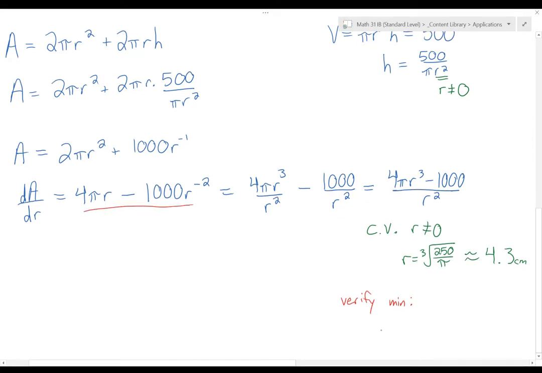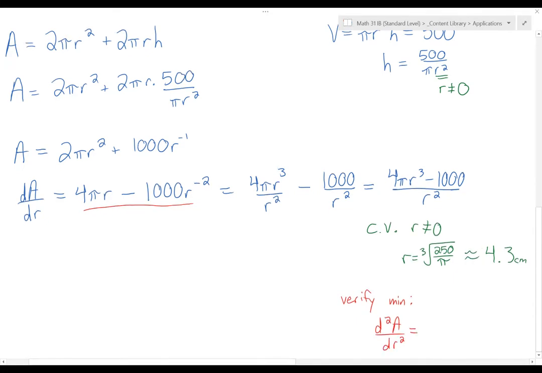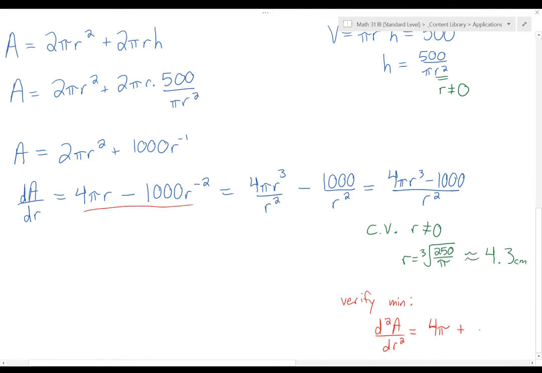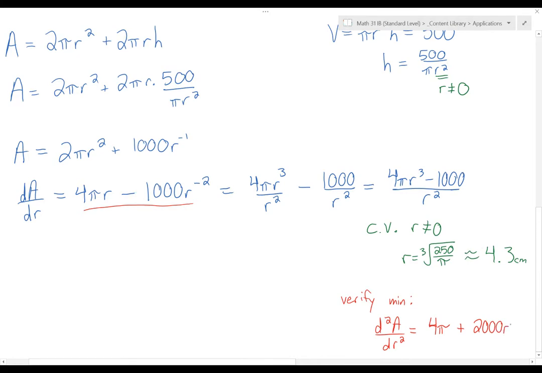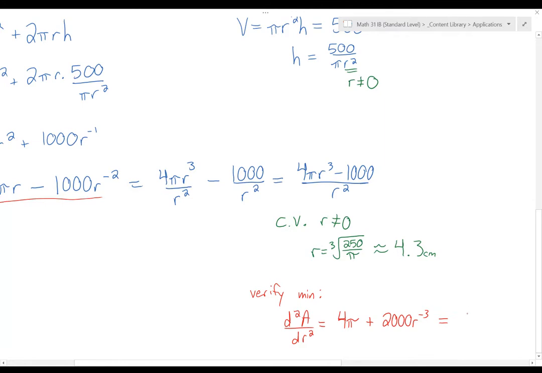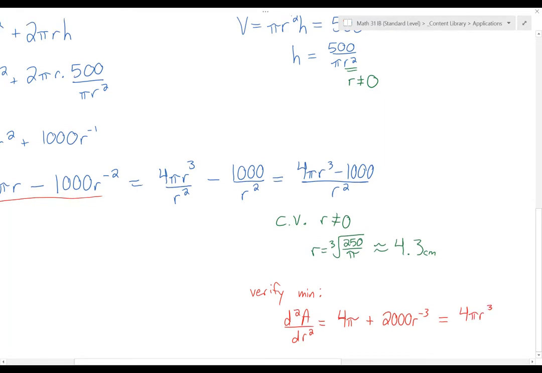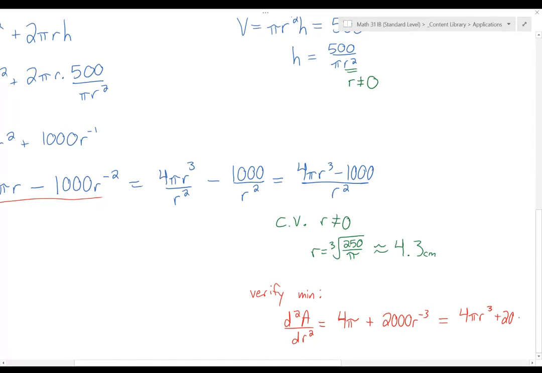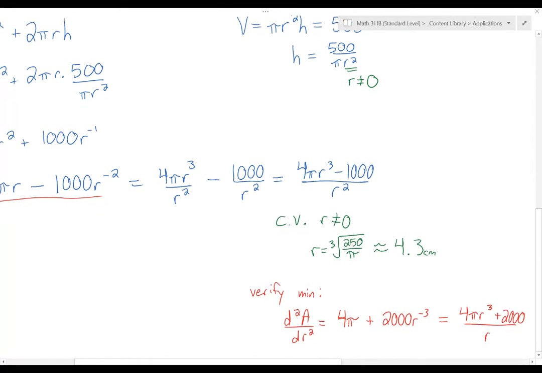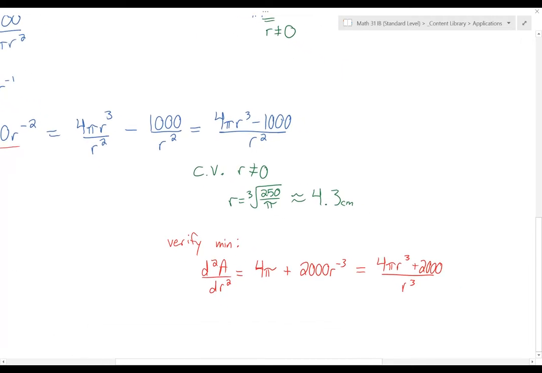Going back here, the second derivative of A with respect to r is equal to 4 pi plus 2,000 r to the negative 3, or 4 pi r cubed plus 2,000 over r cubed. Now, the thing to note if I'm doing the second derivative test is I want to know, is that second derivative positive or negative? In other words, is the curvature upwards or downwards?